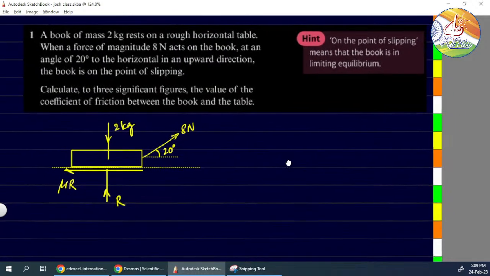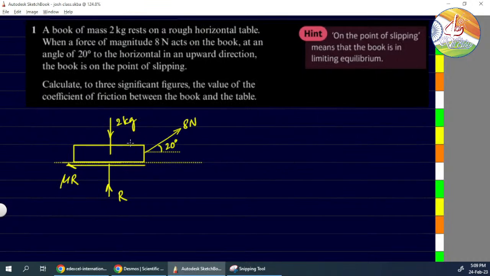So here again we can go with sigma x and sigma y, right? So this will become our x-axis and this will become our y-axis. So which one do you want to go first? Y. Okay, sir. So y, R is acting upwards. 2 kg means 2g.